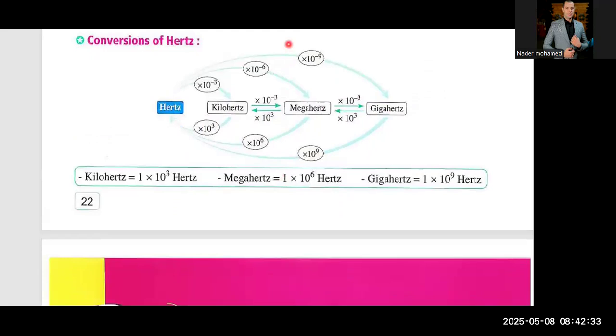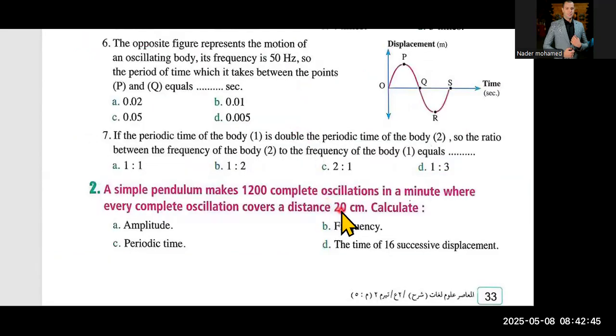Let's solve some questions to check understanding about this point. Page 33. A simple pendulum makes 1,200 complete oscillations in a minute.